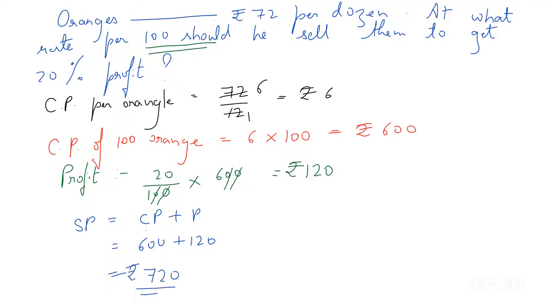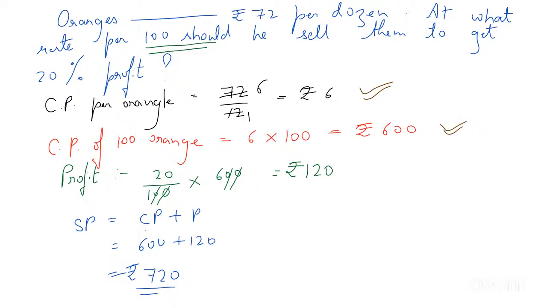Okay, very easy. This question looks hard, but the question is very simple. First you calculate the cost price of one item. Then you calculate for 100, because the question wants us to find out how much it is going to be at the quantity of 100.